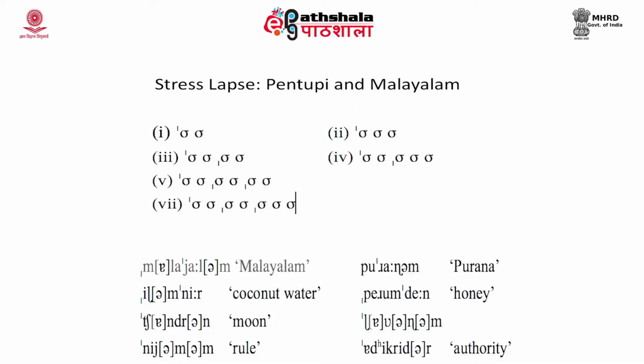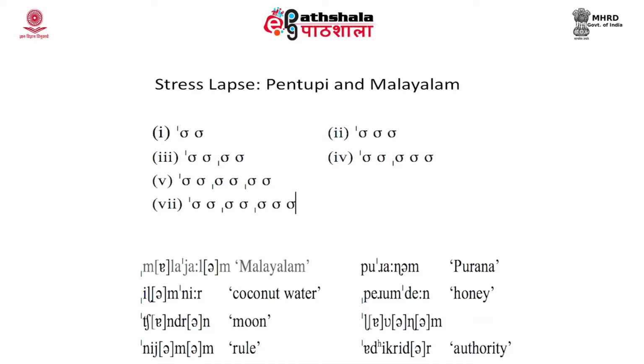So all short vowels, a 5-syllable word, the leftmost syllable is stressed, and then we have 4 syllables which have no stress. Now this is an example of stress lapse, because we have a sequence of syllables where the alternating rhythm is missing. What happens in these systems is that there is alternating stress which is placed in addition to the primary stress, and all of them are realized as secondary stresses. We have the examples from Malayalam on the screen.